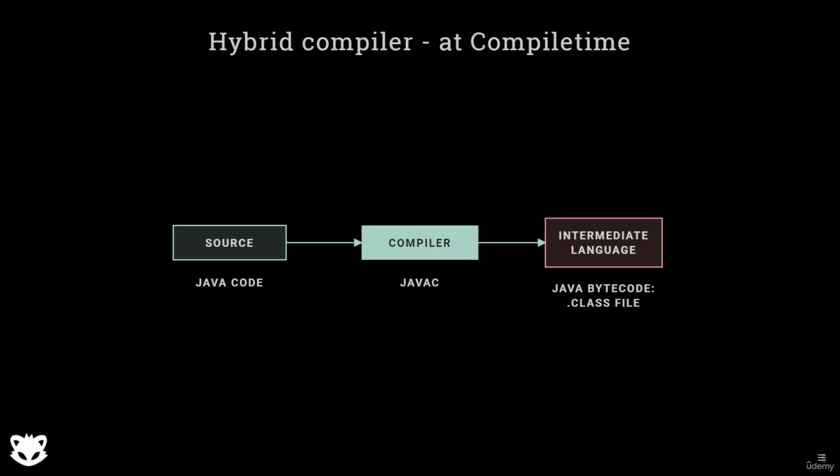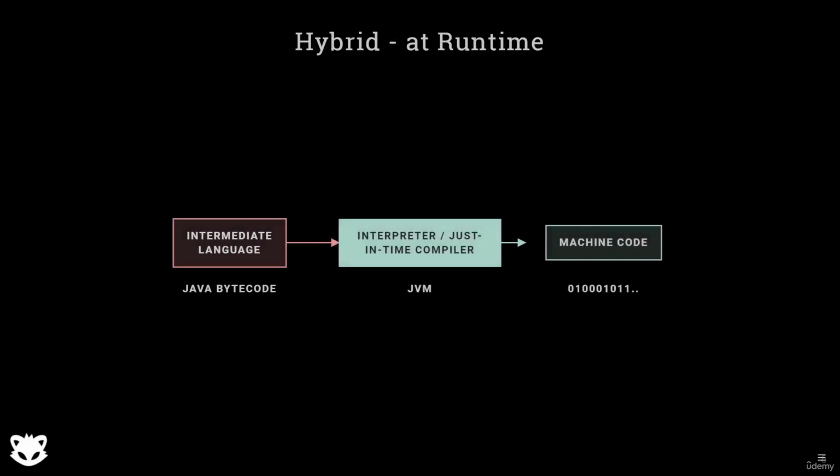The hybrid compiler has two steps to it. There is the source code that is transformed by the compiler into an intermediate language representation, also called bytecode. In the case of Java, that would be Java code, which is turned into Java bytecode, and that is something that you see in the .class file. At runtime, the intermediate language representation, or Java bytecode, is executed via a virtual machine or interpreter.